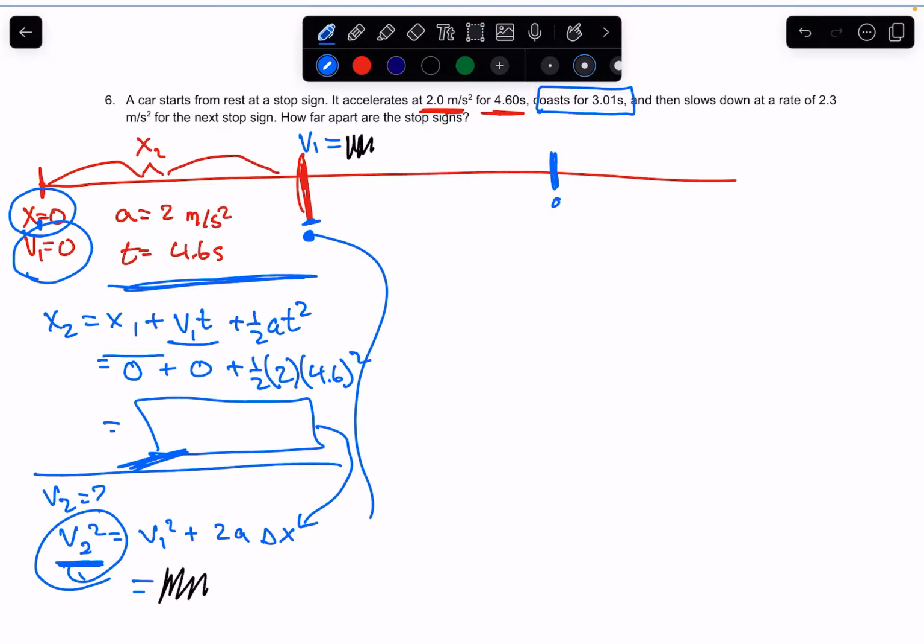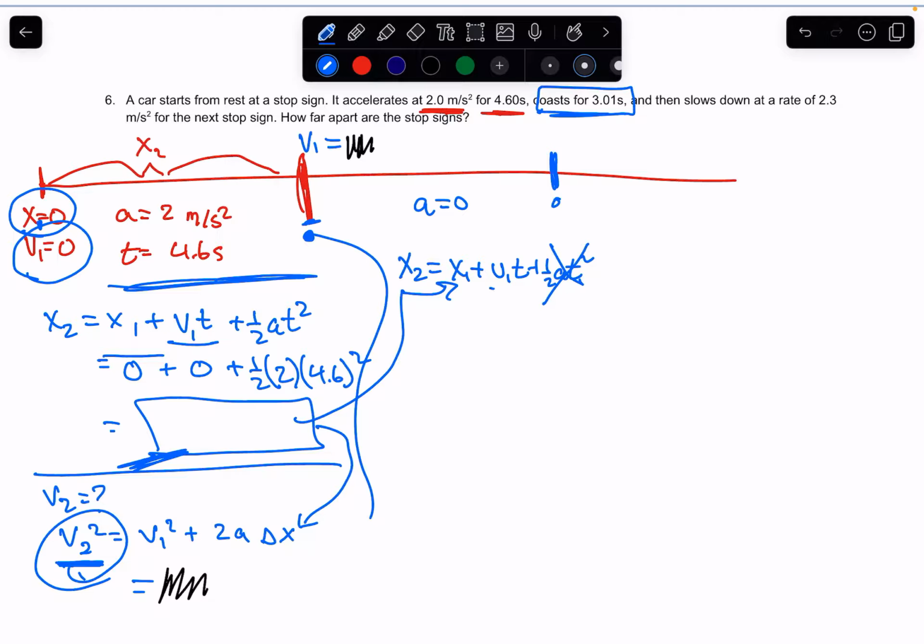Now I want to figure out how far he'll travel. And so I'm going to say x2 equals x1 plus v1t plus 1/2 at squared. Now, note here, he's at constant speed. He's coasting. So he's moving at the same speed, so the acceleration is 0 and this last term drops off. You could take the x1 you get here and put it here, but I wouldn't.